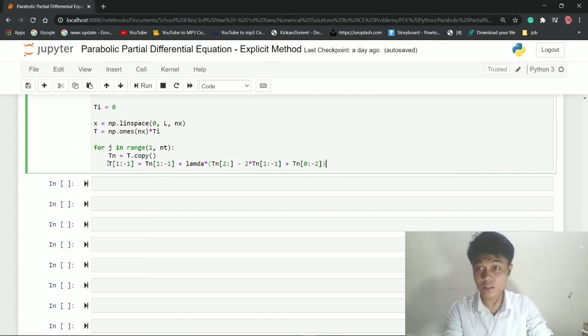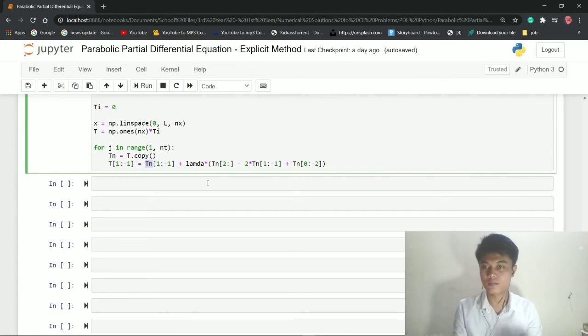Now, kung titingnan nyo dito, T1 colon negative 1. So, ito yung Ti natin at the current time. Yung Tn kasi dito, nagde-denote siya ng previous time, yung initial time natin. So, yung temperature at current time is equals to datas ng previous time.